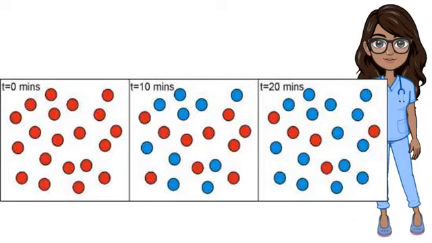There were 10 decays in the first 10 minutes and only 5 decays in the next 10 minutes. The rate of radioactive decay is proportional to the amount of parent isotope. So, the more parent isotopes you have, the greater the rate of change from parent to daughter. This means that radioactive decay is an exponential process.